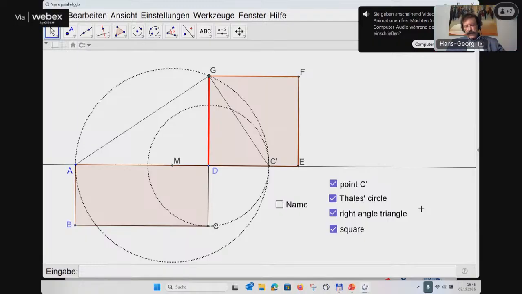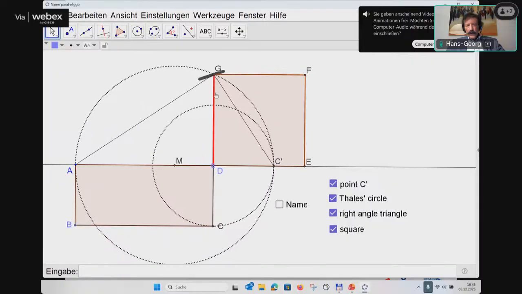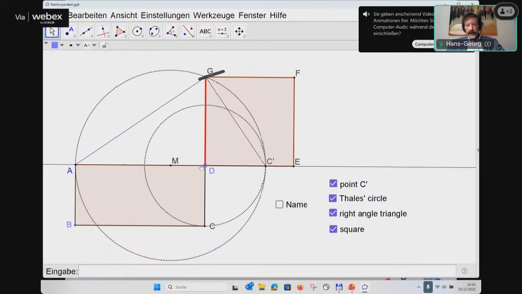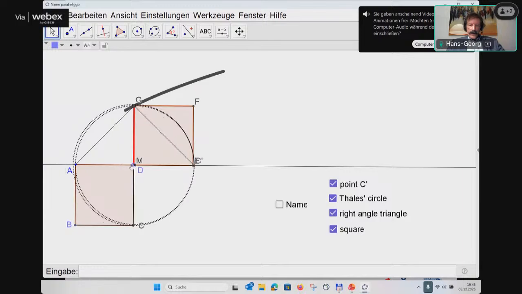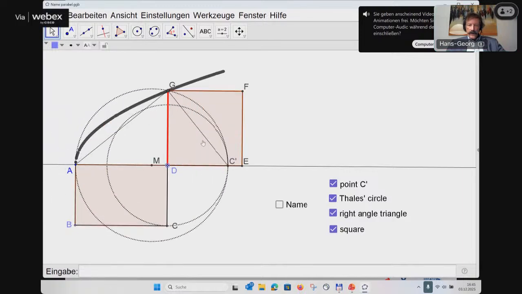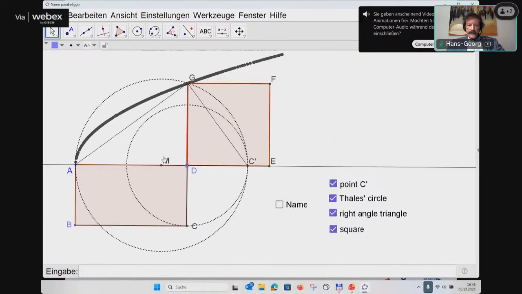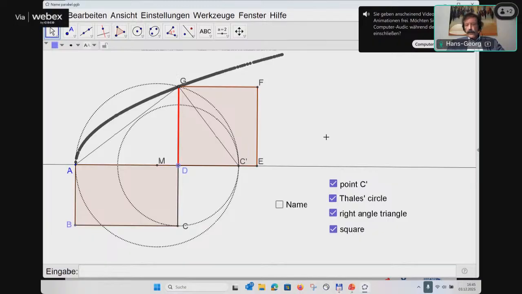But what has this to do with the parabola? If you change the side of this rectangle and you see the locus of this point C, you see that it is a parabola.